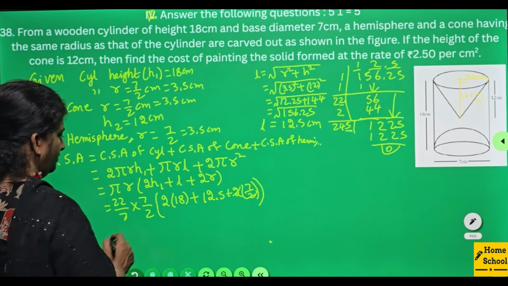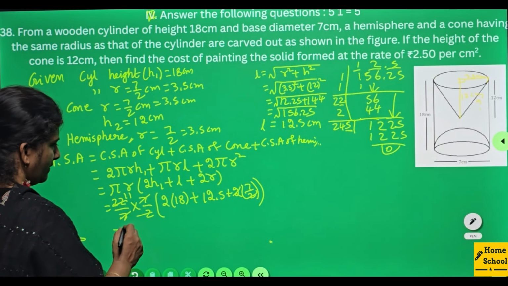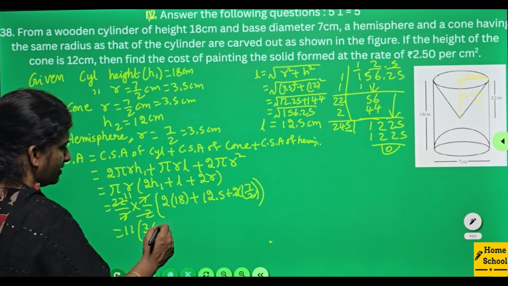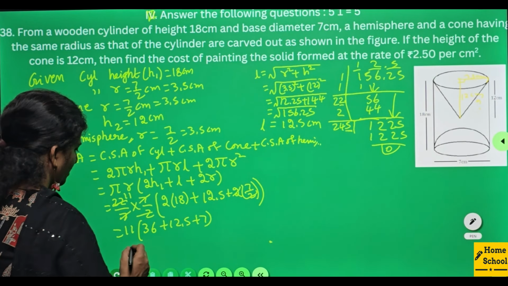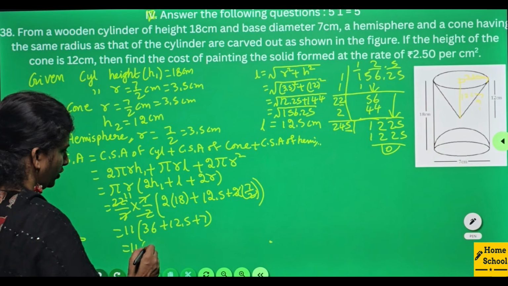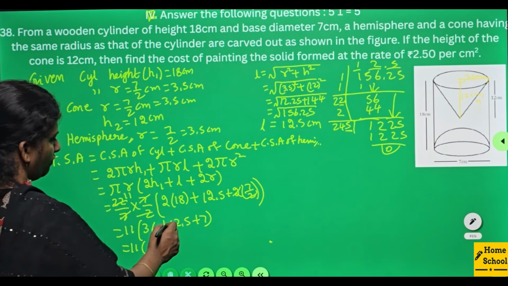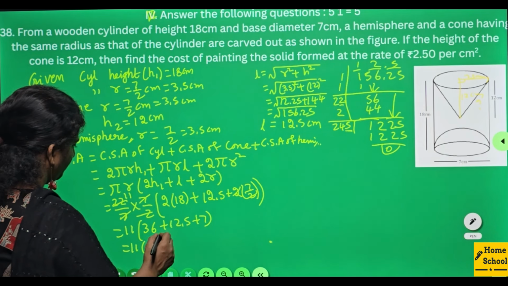2 cancel. Here 7 cancel, 2 11s. 11 into 18 2s are 36 plus 12.5 plus 7. That is 11 into 7 plus 36 will be 43. 43 plus 12.5 will be 55.5 into 11.